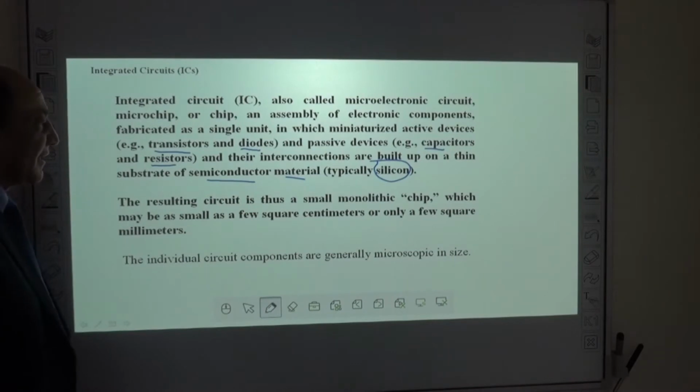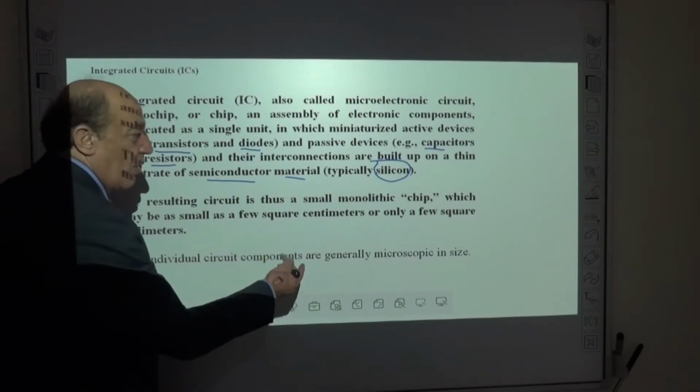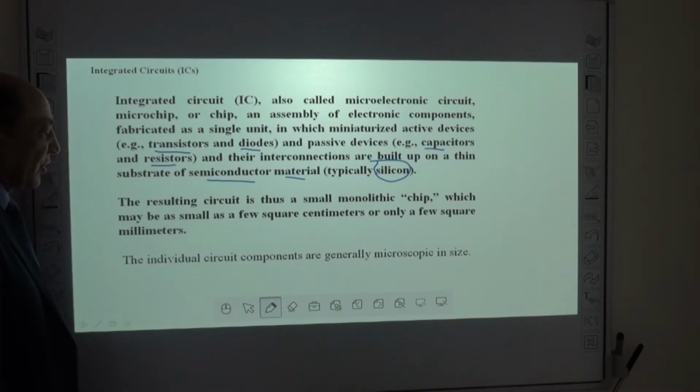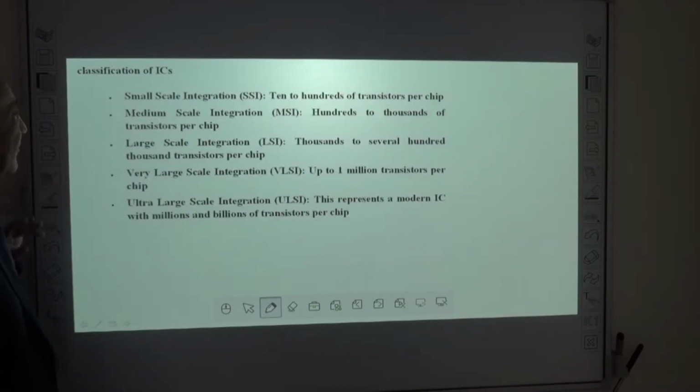The resulting circuit is thus a small monolithic chip which may be as small as a few square centimeters or only a few square millimeters. The individual circuit components are generally microscopic in size.